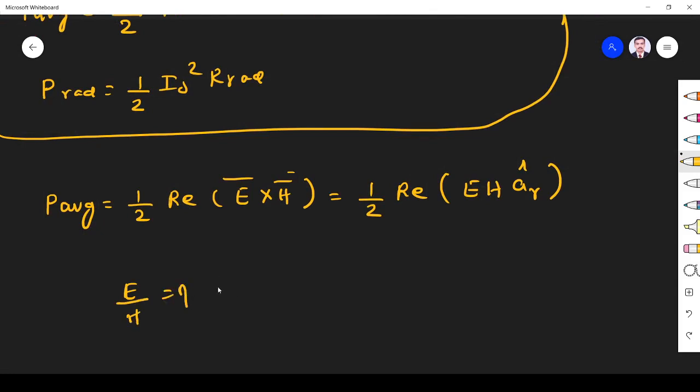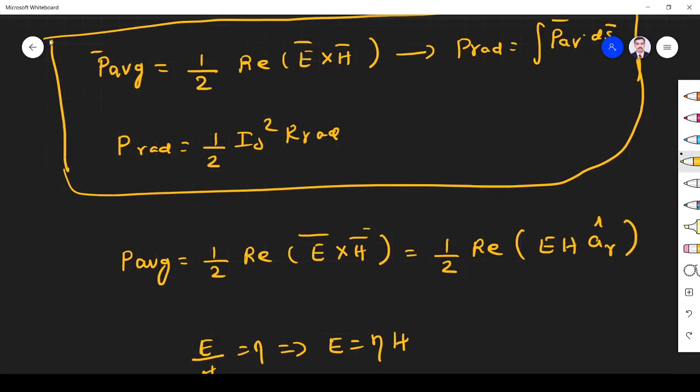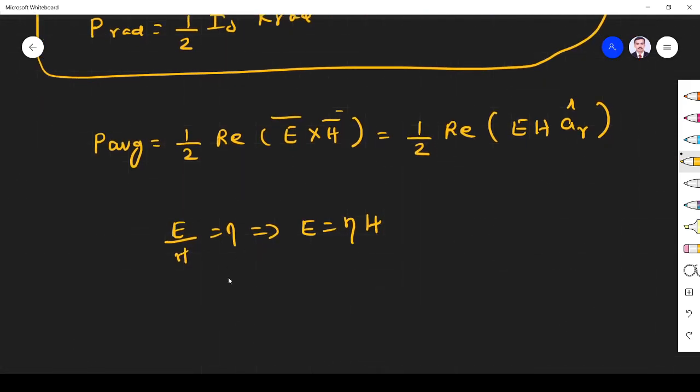So instead of E, I substitute eta into H, because from H only I am going to find all the values. From E also you can find, but here I do it with H. So I substitute E is equal to eta H.